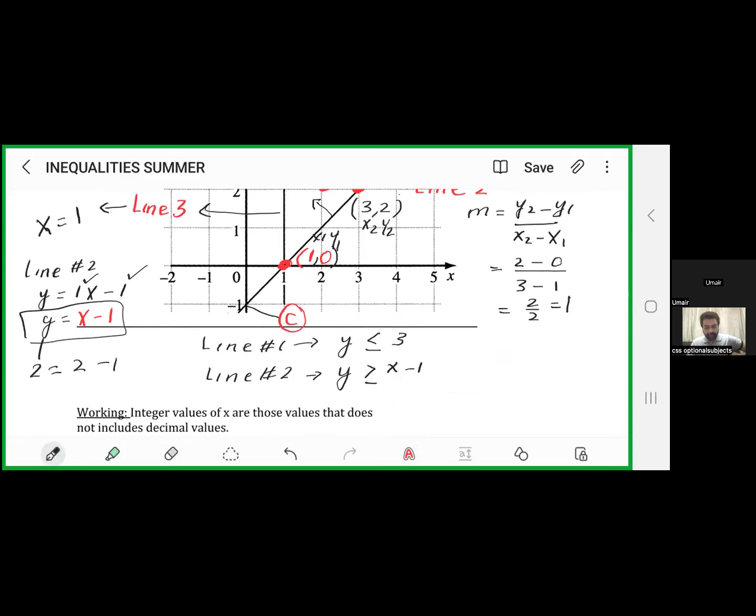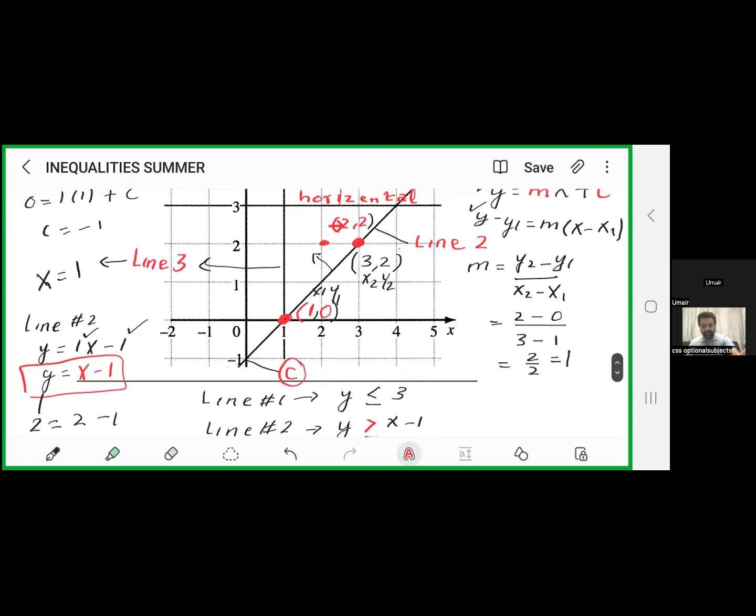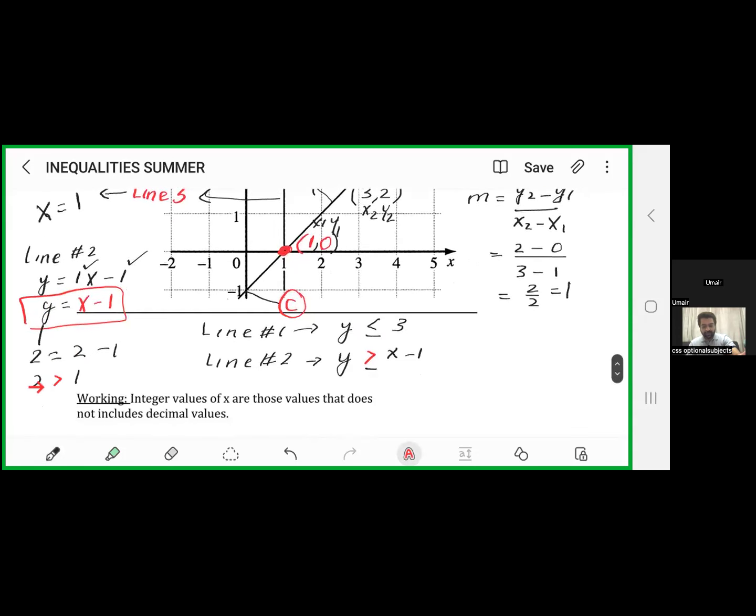Now you will see that 2 on the left side is greater than 1 on the right side. So the greater than symbol will be used. Using a test point from within the region in your inequality, you can find the sign of the inequality. I used x equal to 2 and y equal to 2 in this equation. I got 2, which is greater than 1. So I have used the greater than sign over here.